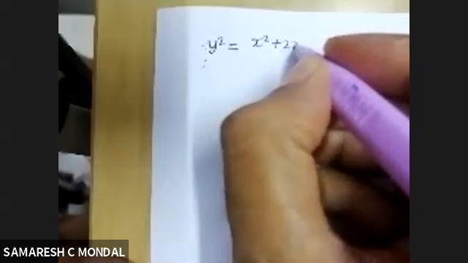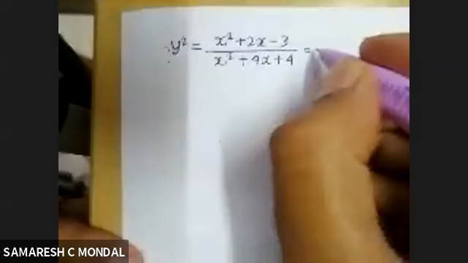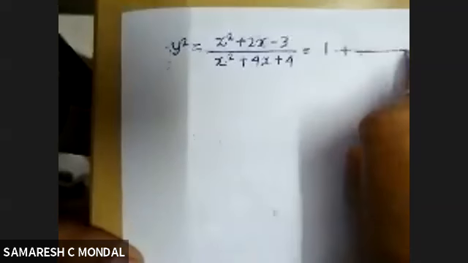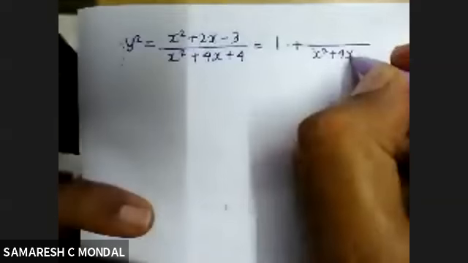I'm going to write, if you see, y square is equal to (x square plus 2x minus 3) divided by (x square plus 4x plus 4). If I divide it, it is 1 here, with x square plus 4x plus 4 below.